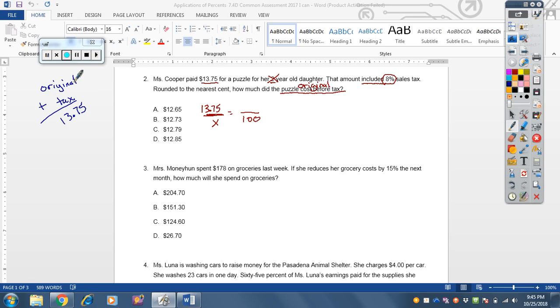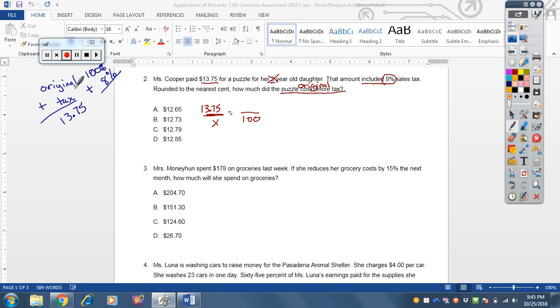If you have all of something, if I eat an entire pizza, what percent of the pizza did I eat? All of it. 100%, right? And they told me that tax was what percent? 8%.